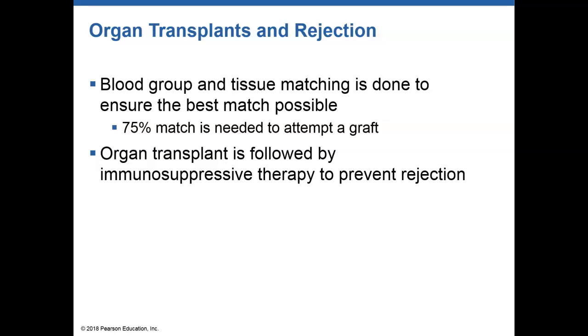So an example, I have type AB positive blood. If I want to donate to somebody, they would have to have AB positive blood as well. Now, if someone donated a kidney to me and say they only had type A positive blood, I could take that kidney, but it would be better if I got someone who had AB positive blood and was donating a kidney, because the closer the match, the more likely your body won't reject.